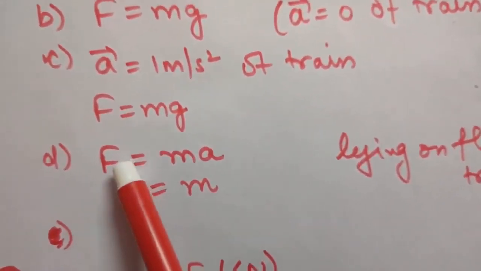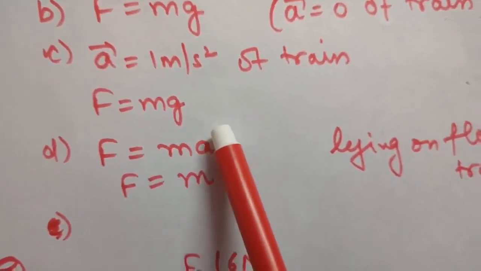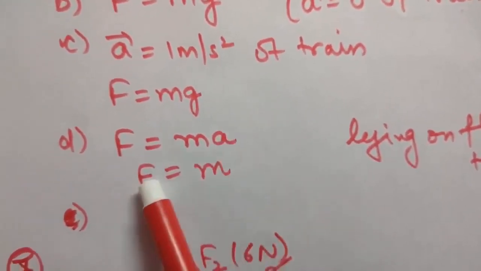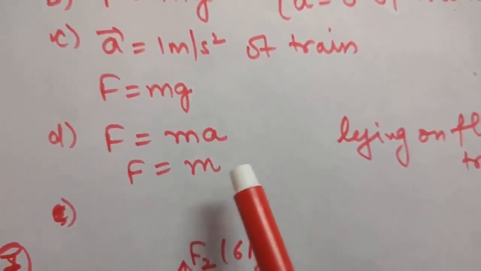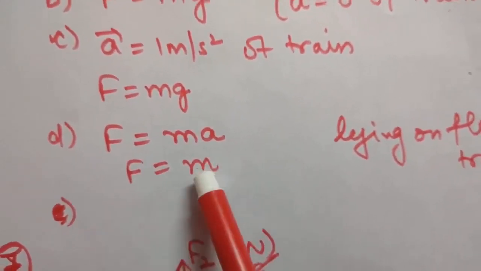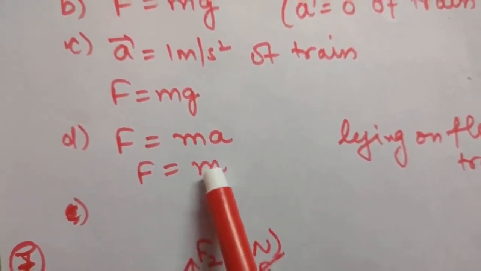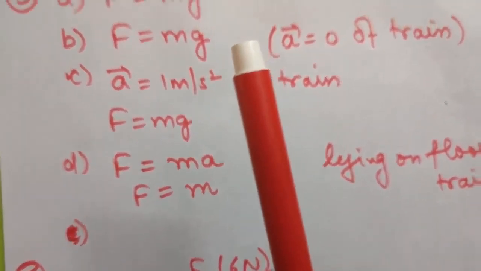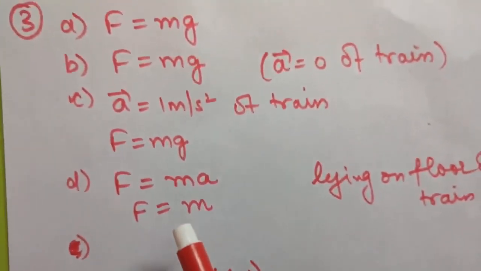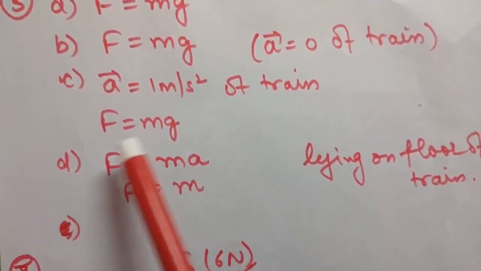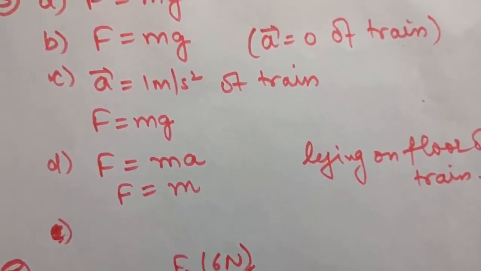So you can say in this case F will be equal to ma. a is given to be 1 meter per second square, so F will come to be m. And m is given to be 0.1, so force will be 0.1 Newton in this case. So although the answers will come to be 0.1 Newton in all the cases, for D part the reason is different.